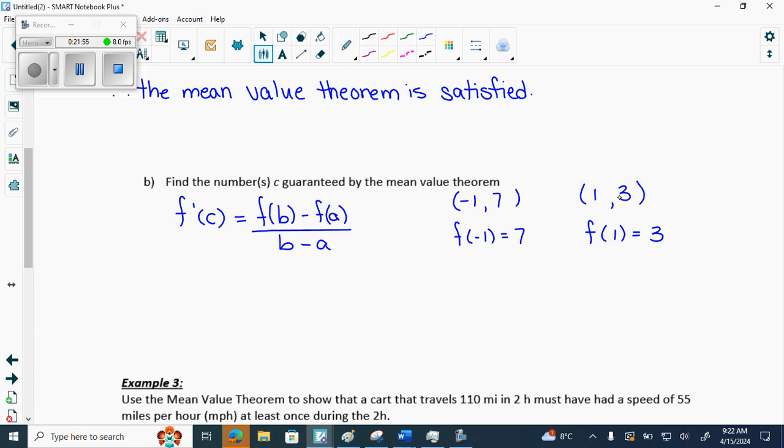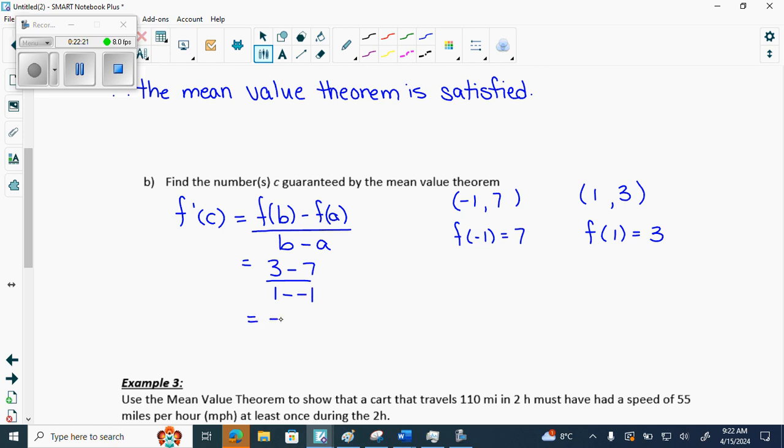So on this side, we just need to pick whichever coordinate you're going to go through first. I'm going to do the second one first and then the first one second. So I'm going to go 3 minus 7 over, and then I have to follow the same order for my x's: 1 minus a minus 1.